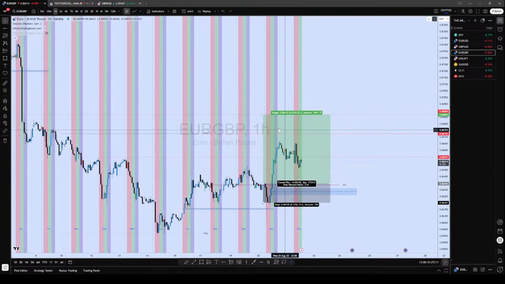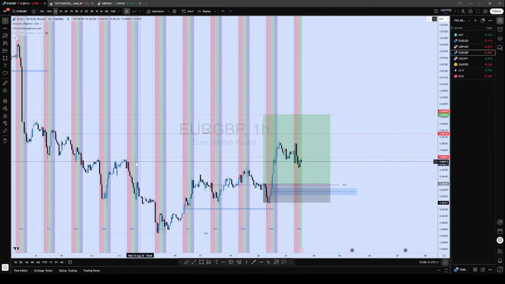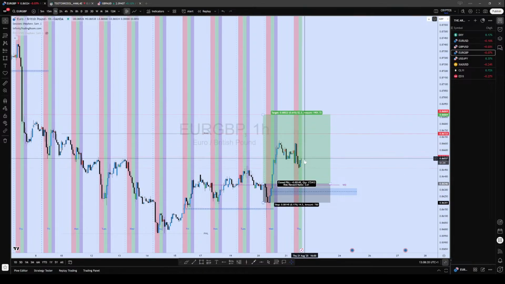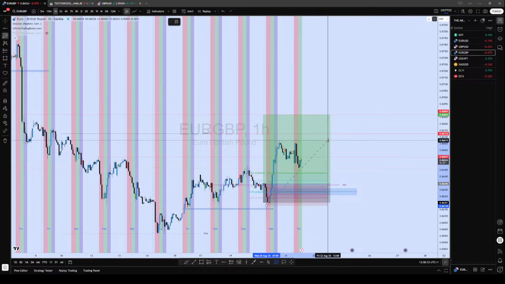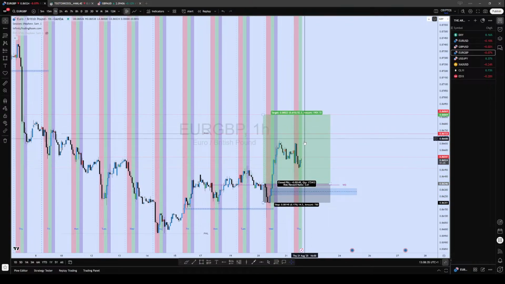Euro pound, I think Euro pound did go for the previous equal highs that I mentioned. We are now heading for the previous week high. So again, this New York session, you're looking for price to go up there. With what is happening now, just see it as a pullback. So this low to this high, see it as a pullback, and it will resume going up.